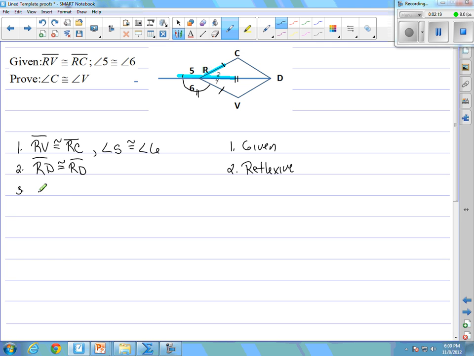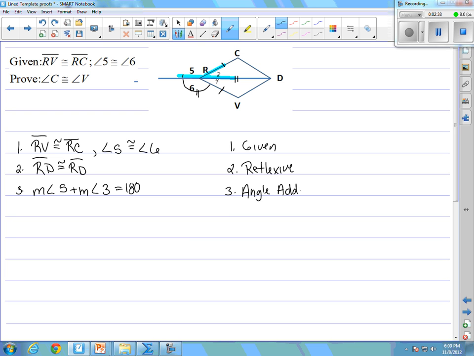So I want to take the measure of angle 5 plus the measure of angle 3 and set that equal to 180 degrees. Okay, and that reason is the angle addition postulate.